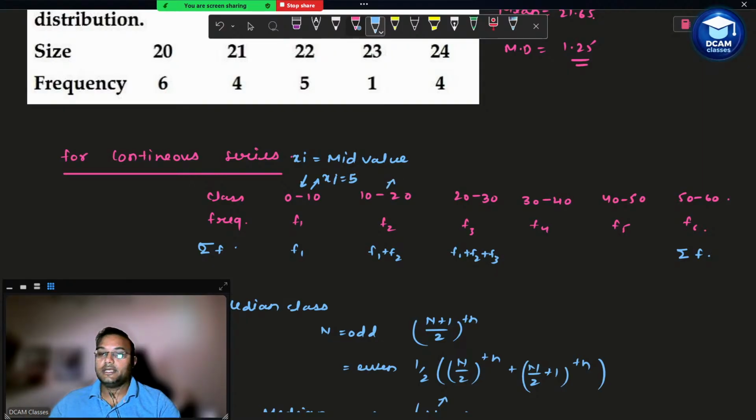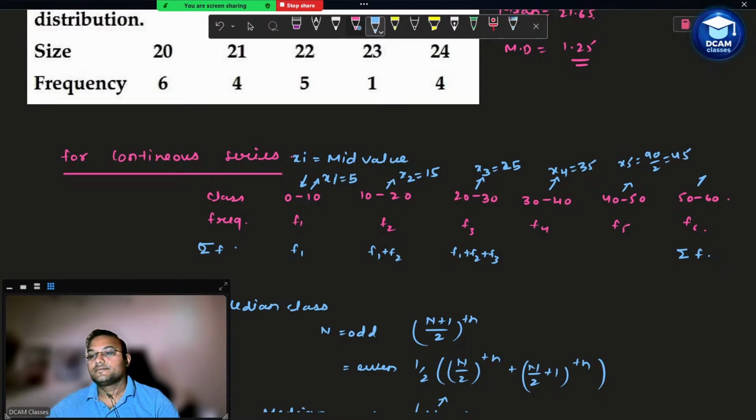For 10 to 20, 10 plus 20 by 2, it is 15. 20 plus 30 by 2, x3 will be 25. x4 will be 35. You have to take the mid value. x5 will be 90 by 2, that is 45. And here it will be 55.